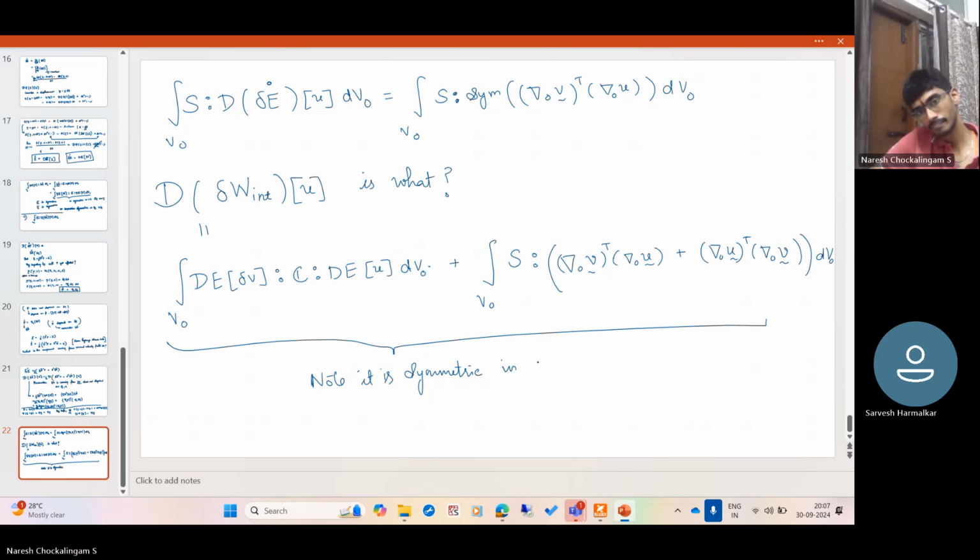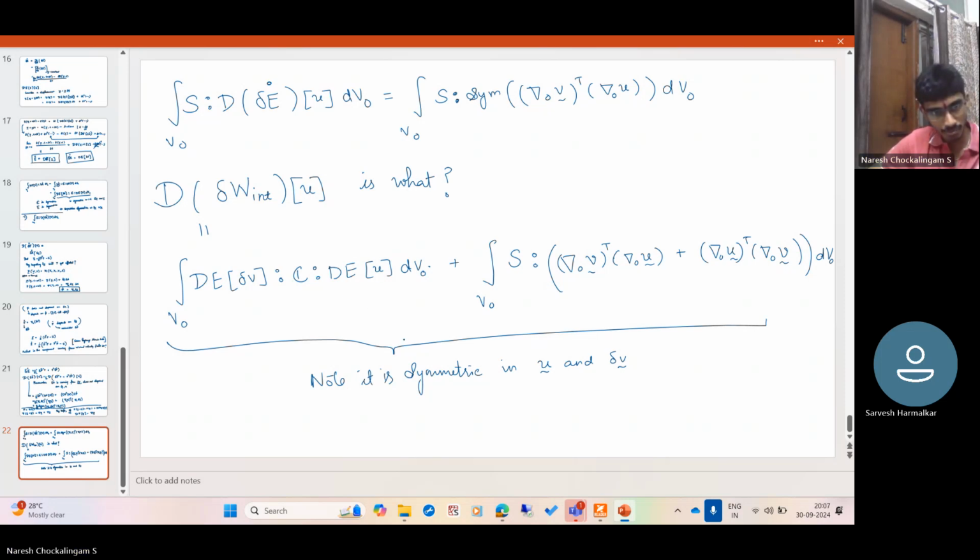Symmetric in U and del V. Right? So S is a symmetric tensor. Remember, S depends on the configuration. C depends on the configuration. E depends on the configuration.